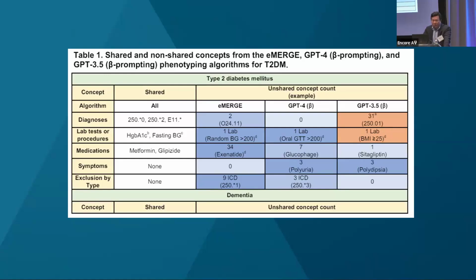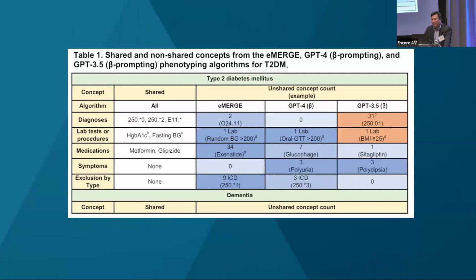And of course, eMERGE, because the domain expert created the algorithm, has some detailed codes that ChatGPT-4 or 3.5 just missed.